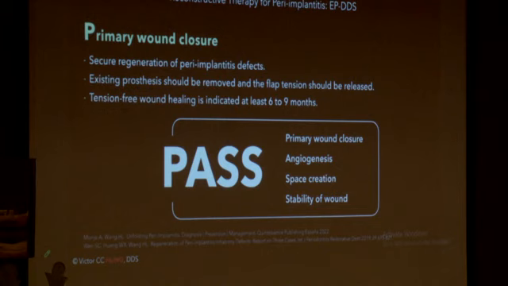So PASS is the ideal regenerative bone grafting concept. If you have been placing implants, you might have heard this a lot. So that is the reason why you have to treat this patient. You have to clean, you have to remove all the problems, and then you have to put in the new bone grafting materials and let this stay and heal.